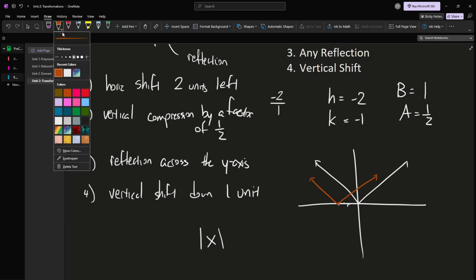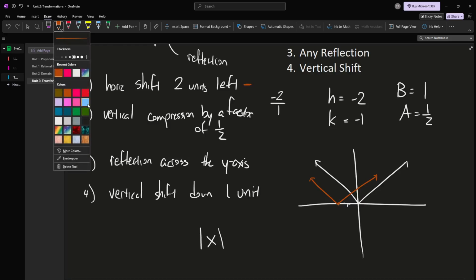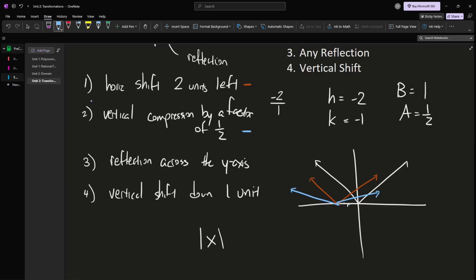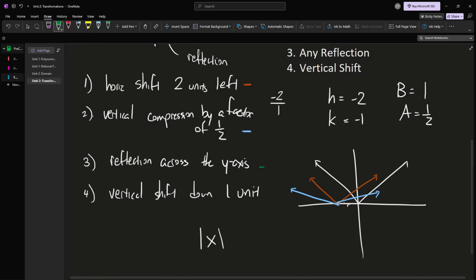Next up, vertical compression. So red is this one. Next up, vertical compression by a factor of 1/2, which I'll make blue. So vertical compression, it kind of goes flatter. Next, we see a reflection across the y-axis. And that's something we need to keep close in mind, which I'll make green. So I'm going to go across the y-axis. So this is my axis of reflection.